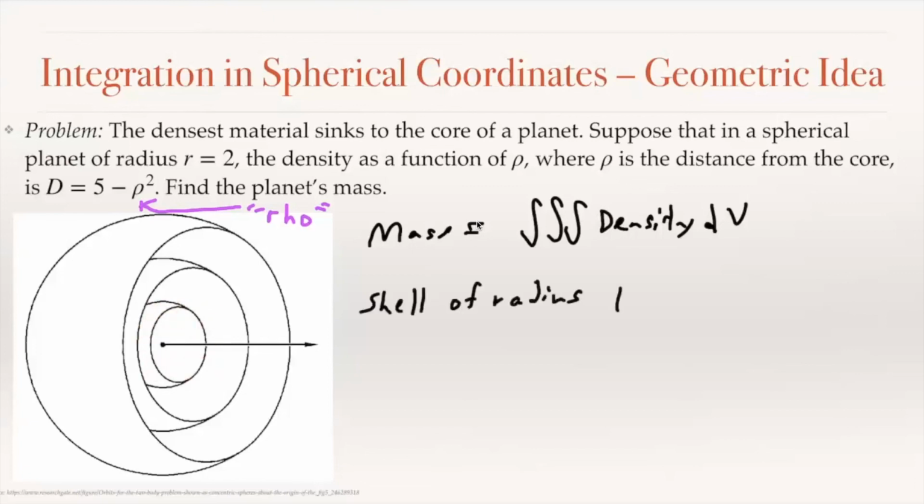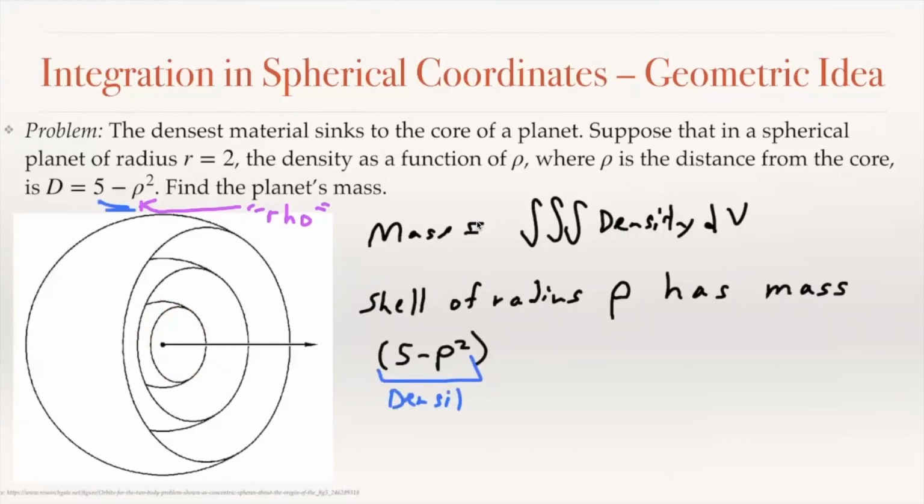A shell of radius rho has mass 5 minus rho squared, that's going to be the density, as given here, times its volume. The volume is 4 pi rho squared d rho, because this is the area of the shell, and then we can imagine a little d rho as the thickness of the shell.